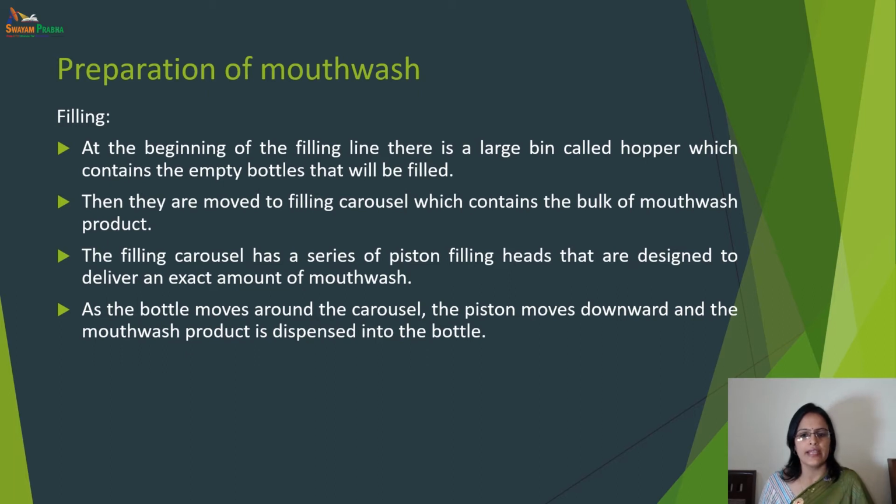Then they are moved to the filling carousel that contains the bulk of the mouthwash product. The filling carousel has a series of piston filling heads that are designed to deliver an exact amount of mouthwash to the individual container.